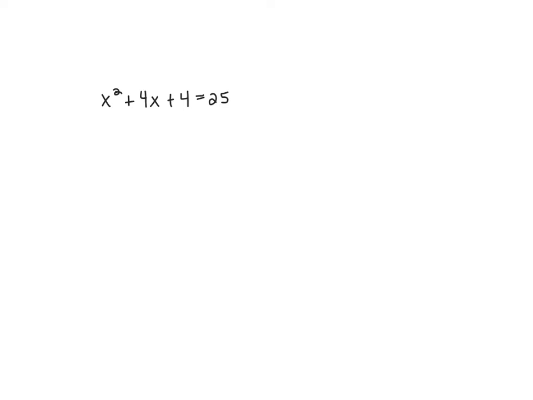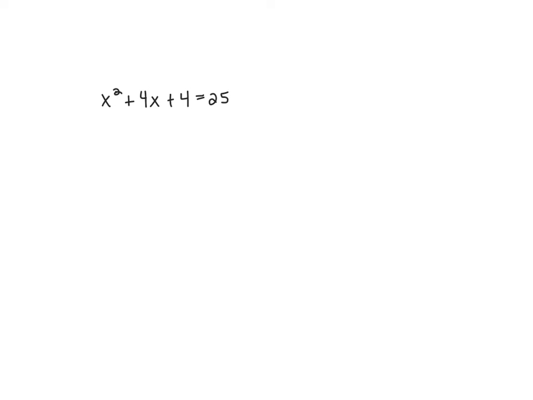So I know this isn't in standard form, right? And my first idea here would be to take that 25 and move it over to the left-hand side, all right? But also looking at this, x squared plus 4x plus 4, it looks like that can be factored into something where both sets of parentheses would be the same.